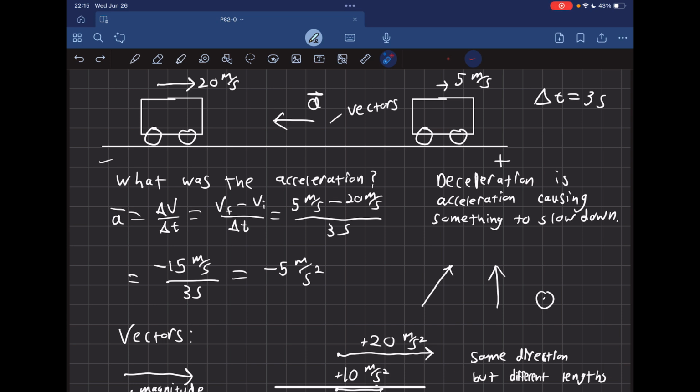This is how we're going to get a negative acceleration, because our final velocity is smaller than our original velocity, which means the expression on the numerator is going to be negative, because we have a small number minus a big number, and we just divide it by 3 seconds. That's going to get us negative 15 meters per second divided by 3 seconds, which gives us negative 5 meters per second squared. So although the velocity was always to the right, the acceleration was to the left.